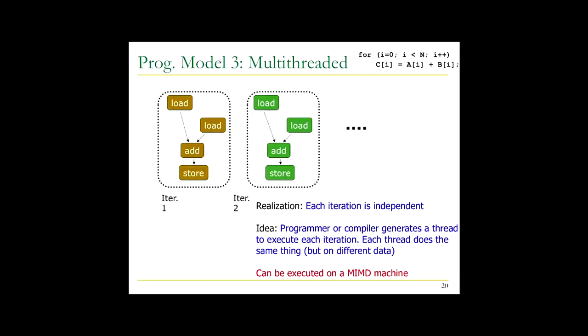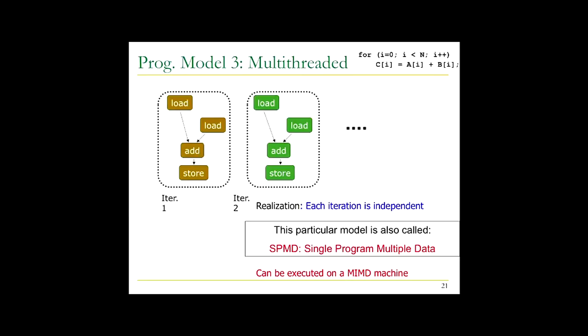Okay, so this programming model actually has a particular name. Multi-thread is very general. In this case, the realization is that each thread is doing exactly the same thing. It's exactly the same code, right? There's no difference between threads. They're executing exactly the same code. So this particular model is called single program, multiple data.